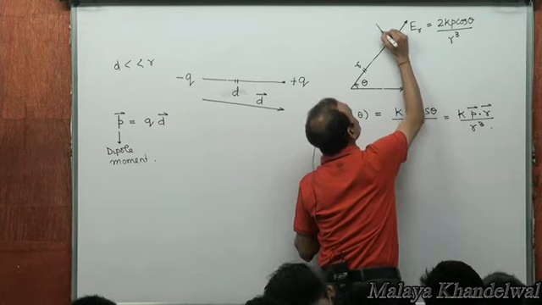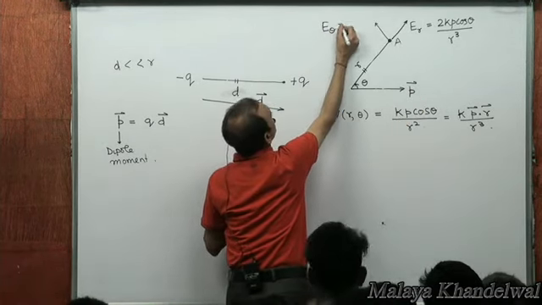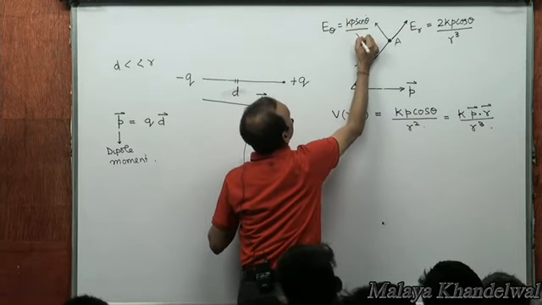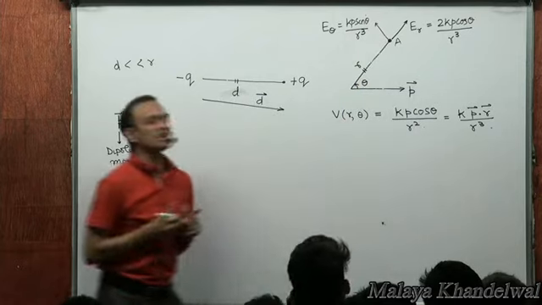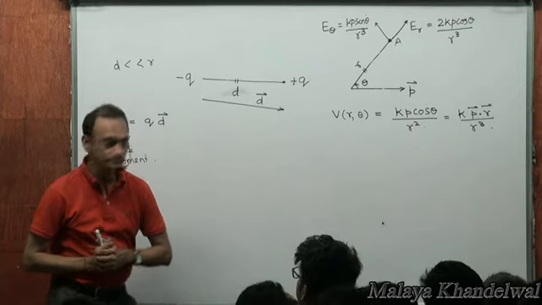And then there was a tangential component, E theta, which was Kp sin theta by r cubed. These were the things we obtained with some basic computations.